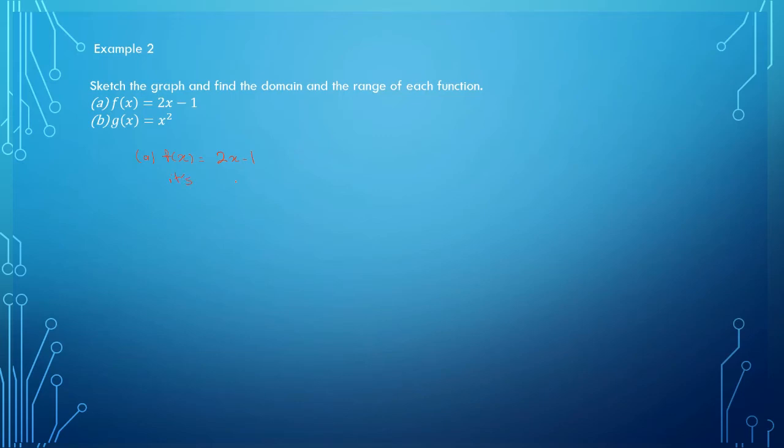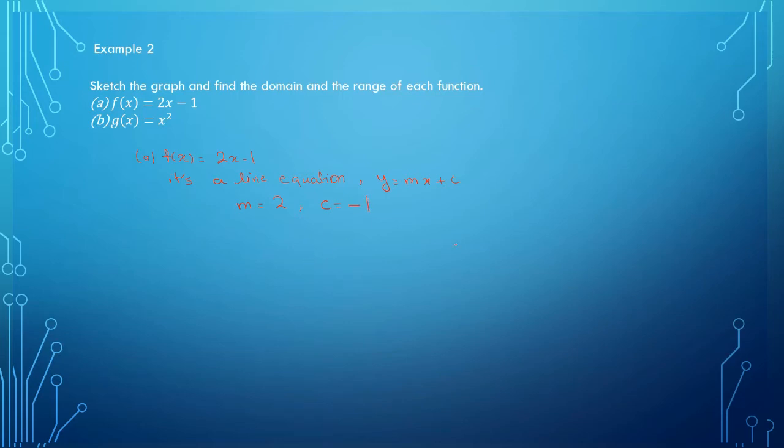It is a line equation in the form y equal mx plus c, where the slope m equal to 2 and c, the y-intercept, equal to -1.